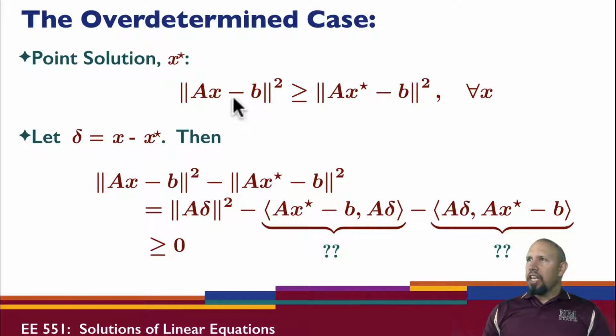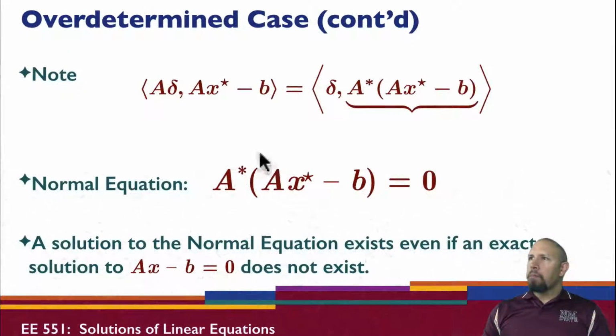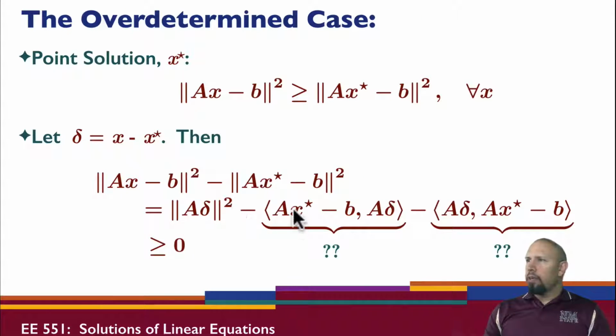So this condition should say that all of this quantity is greater than or equal to 0, but we have these inner products in the middle that muddy the waters a little bit. So we need to understand what's going on with these inner products in the middle. There are two of them.